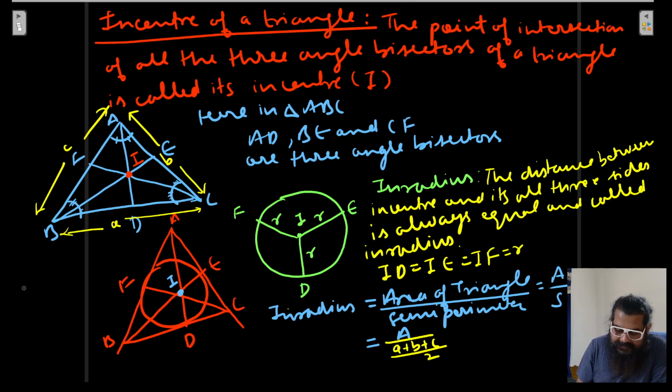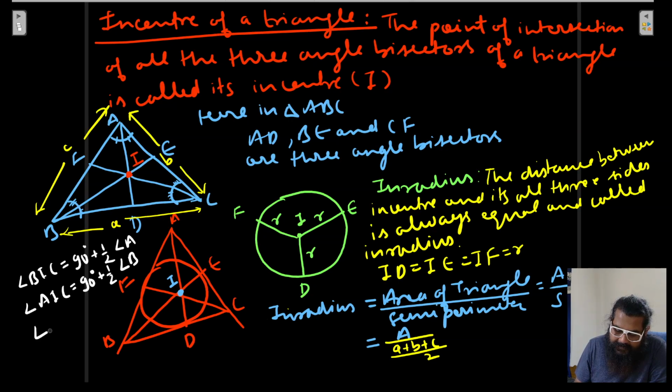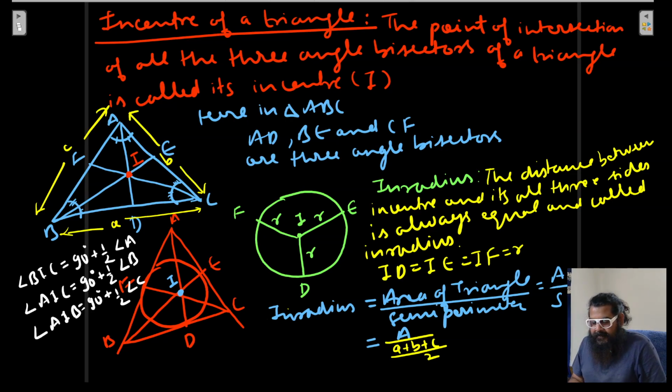Angle BIC is equal to 90 degrees plus half of the measurement of angle A. Angle AIC is equal to 90 degrees plus half of the measurement of angle B. Angle AIB will be equal to 90 degrees plus half of the measurement of angle C.